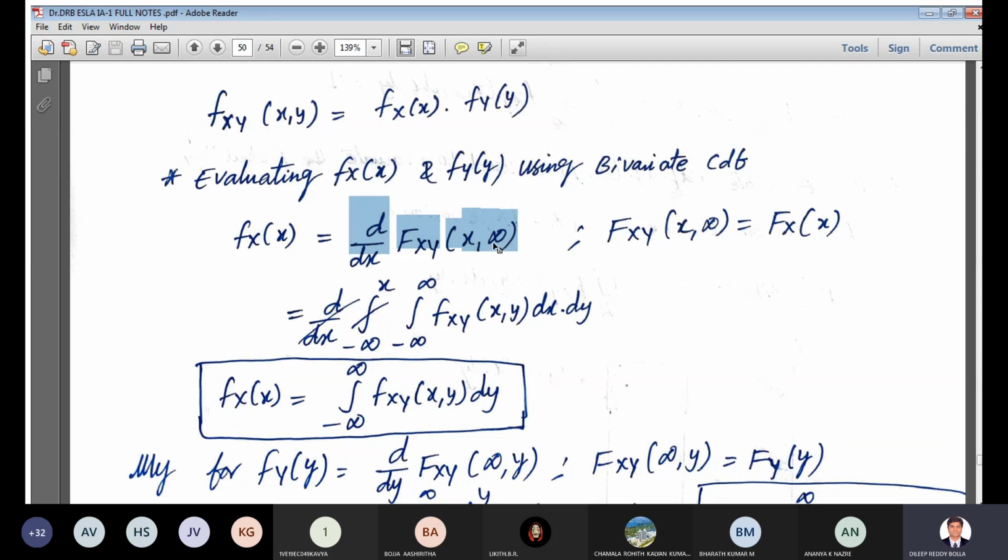So how do we get it? This d by dx as it is, we wrote it. If you want to find this one, we need to integrate. We have seen, right? So integrate for two limits: x from minus infinity to x, y from minus infinity to infinity, because the y value here is infinite. So instead of writing y here, we wrote infinity. The rest is the same, f of x comma y, x y into dy.